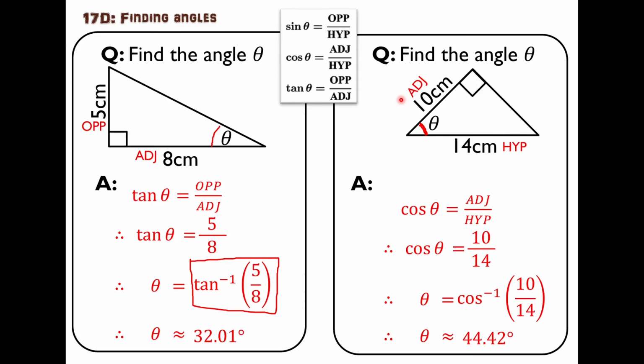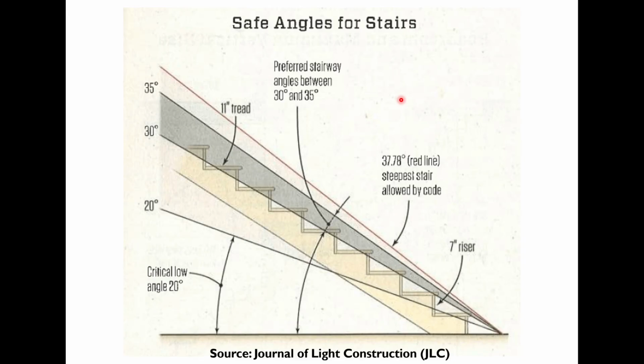I might also show you why you might do this. Suppose you're a carpenter and you're building a staircase. In most countries, there are laws on the angle that a staircase can be. It can't be too steep because then it's dangerous. The handrail needs to be a certain angle, all sorts of things.